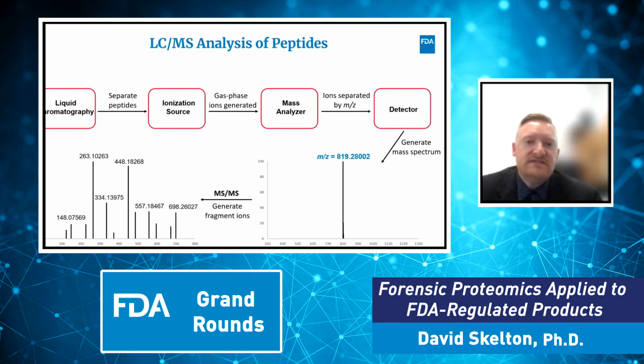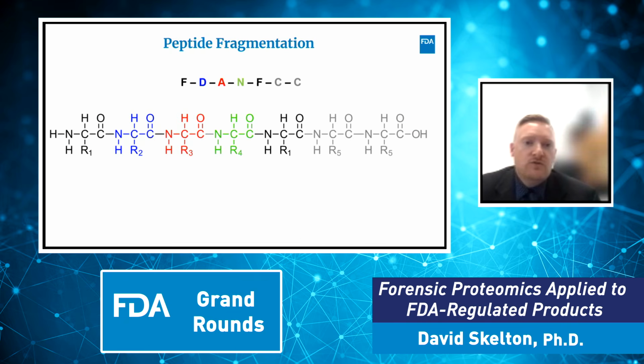is by fragmenting the peptide, where in the mass spectrometer, we break the peptide down and we look at the fragment ions that come as it interacts with gas molecules in the mass analyzer, which cause it to fragment. The reason this is used in determining the sequence is because peptides will fragment in a very predictable way in the mass analyzer.